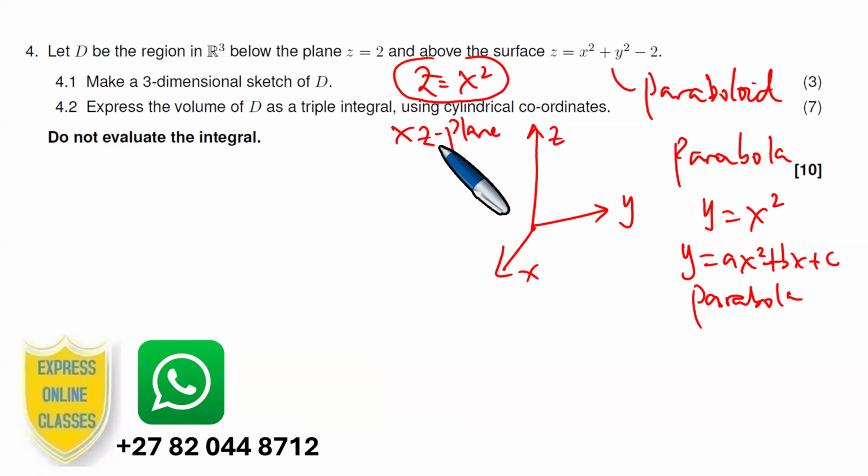In the xz plane you remove y, and then you are left with these. So you can extend z like this, and you can extend x like this, for example. Then z equals x squared means that z is going to be positive. So this is going to be the parabola in the xz plane. But now, because these things are in 3 dimensions, you call it a paraboloid.